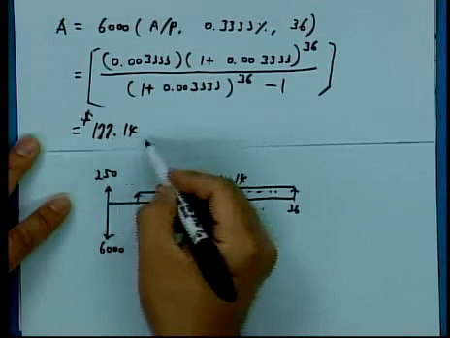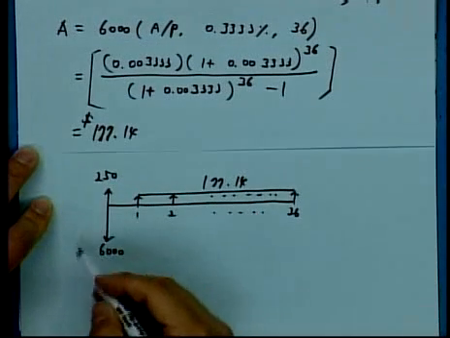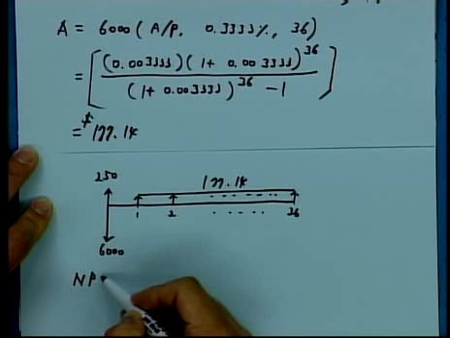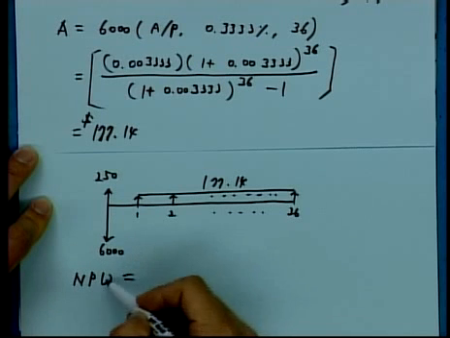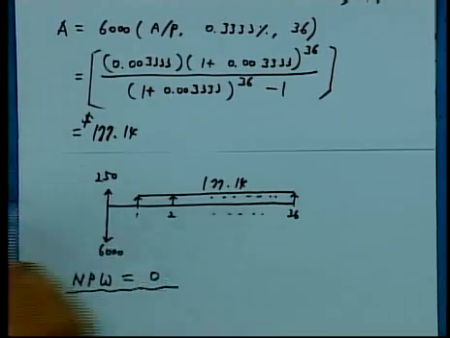Okay, from this. So again, we're going to use this criterion, net present worth equal to 0. Okay.